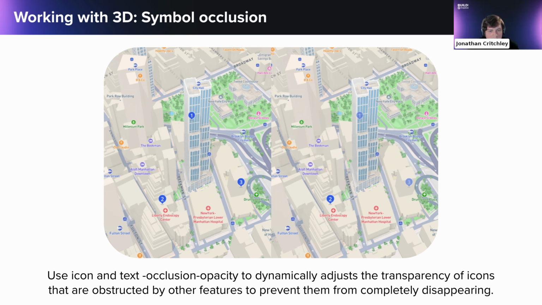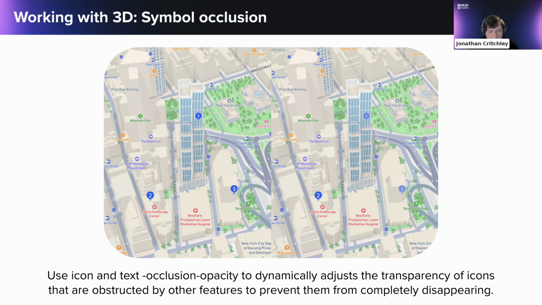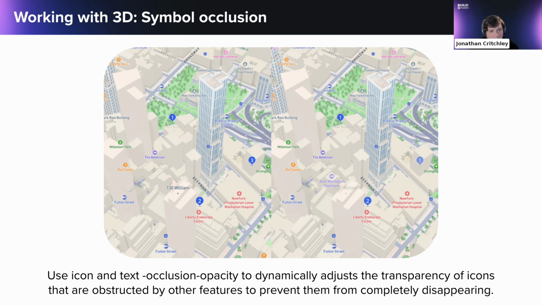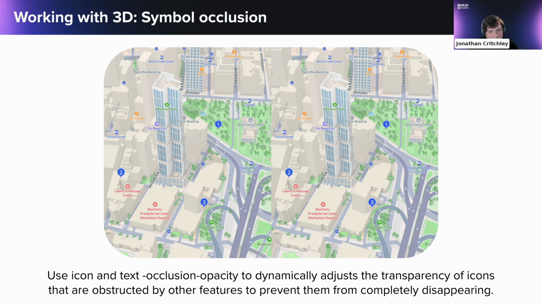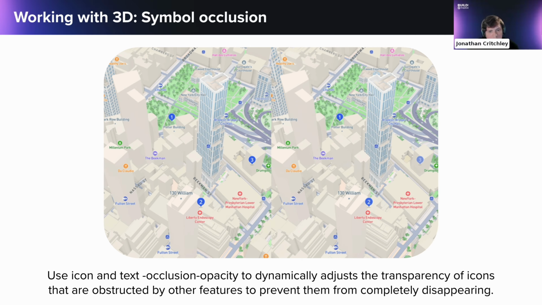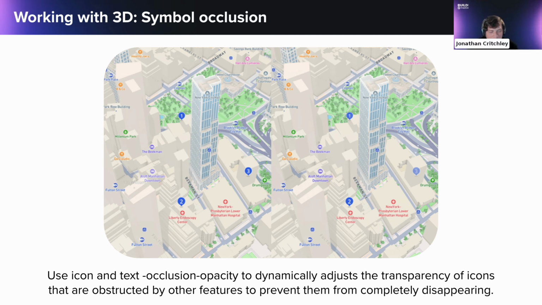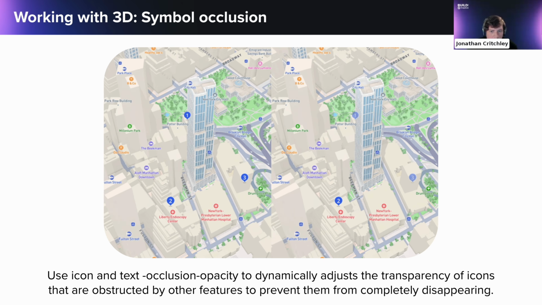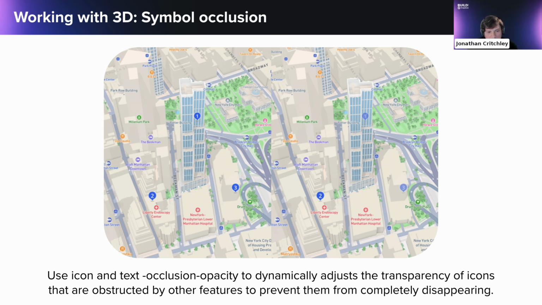While not specific to the standard style, there are a number of style properties that have been added to make working with 3D easier. One option is icon and text occlusion opacity, which allows dynamically adjusting the transparency of icons to represent how they appear behind other features in the style. The alternative is for them to appear on top or completely disappear, which may be confusing to the end user.